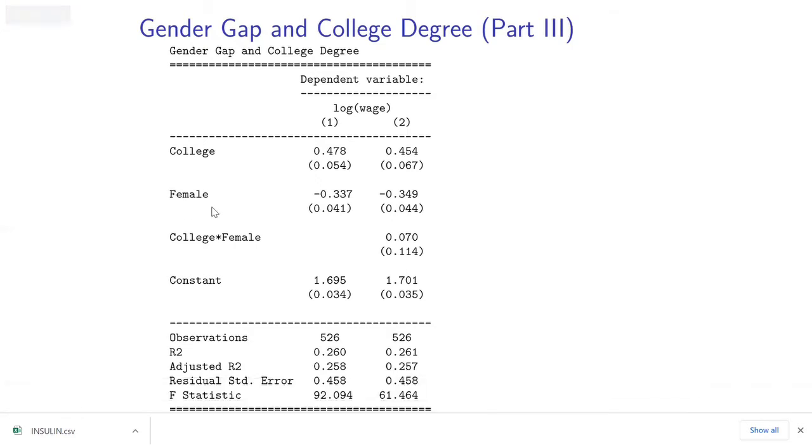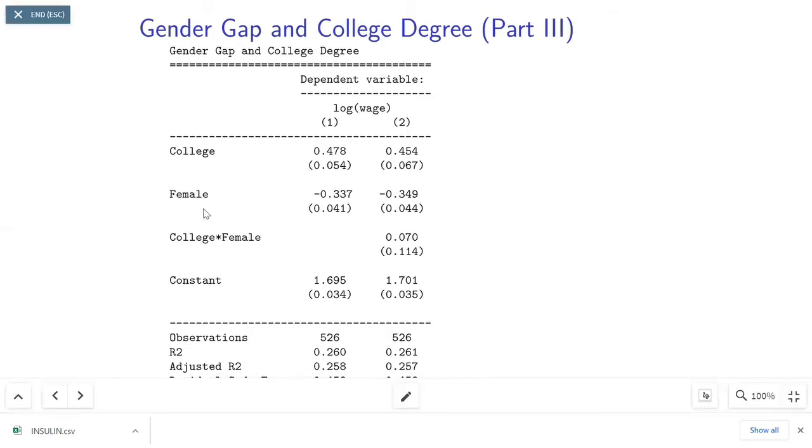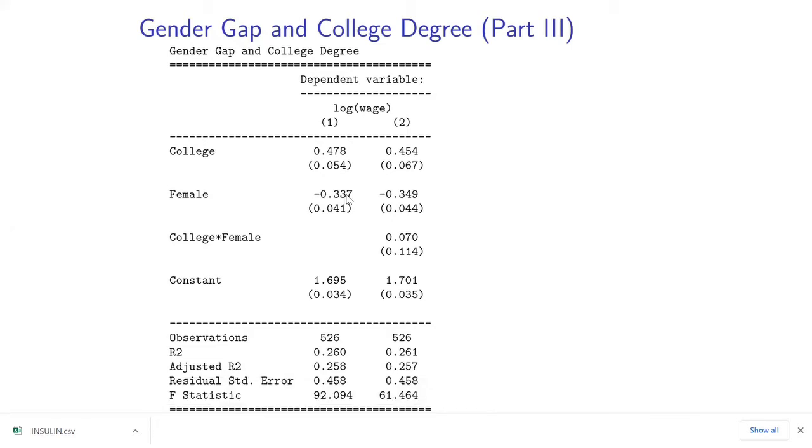I can also do a t-test for each of the dummy variables, and the results show that both dummy variables are statistically significant at a 5% level. Based on this result, I can conclude that both the college dummy and the female dummy can be used to explain the variation in wages.